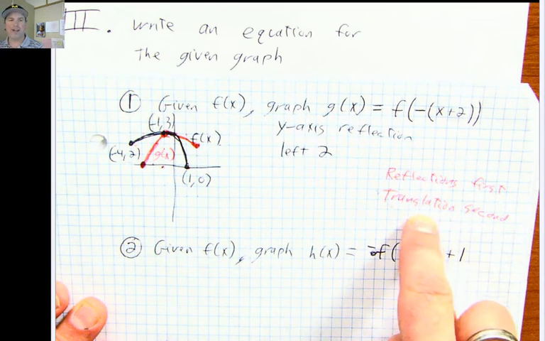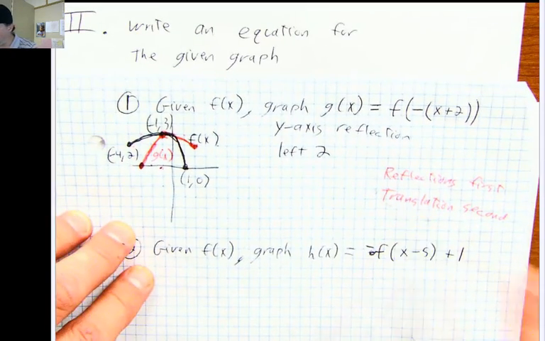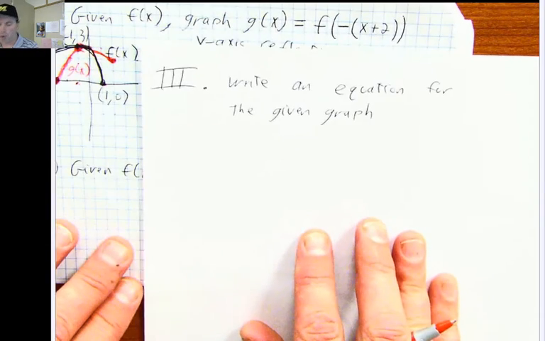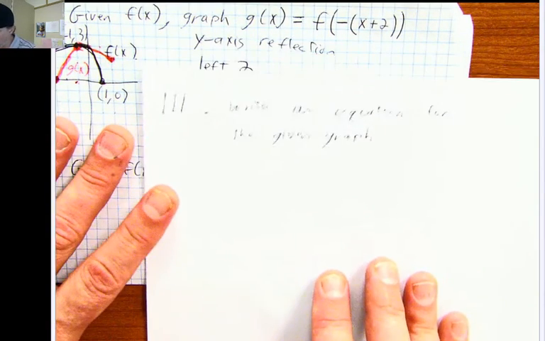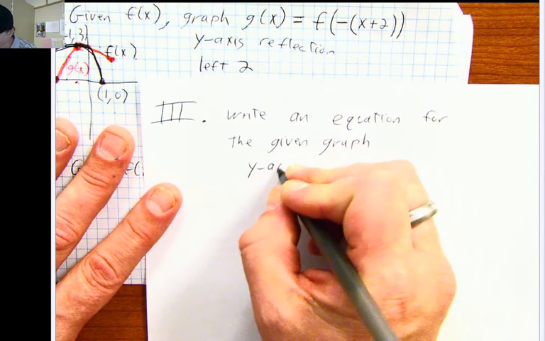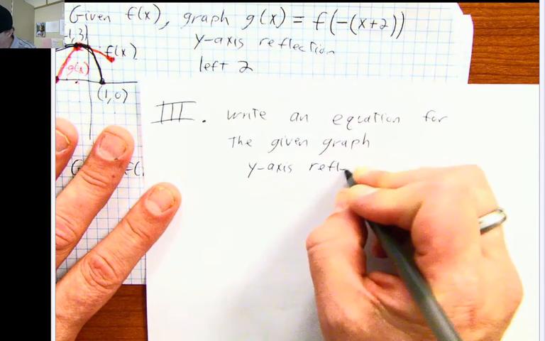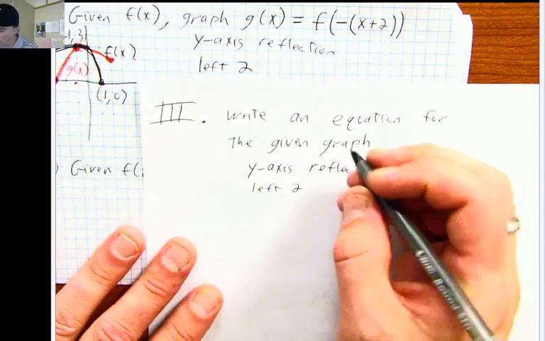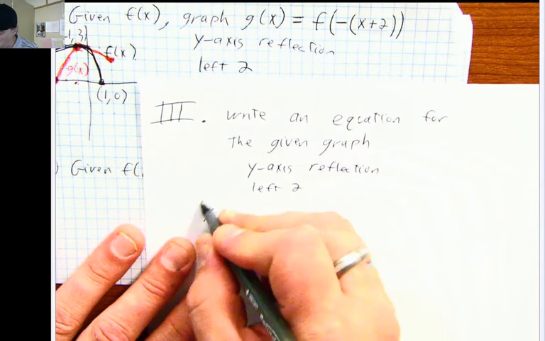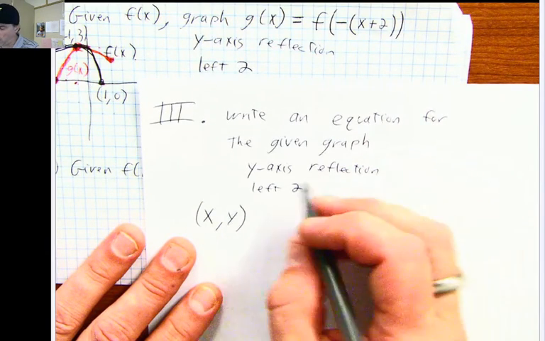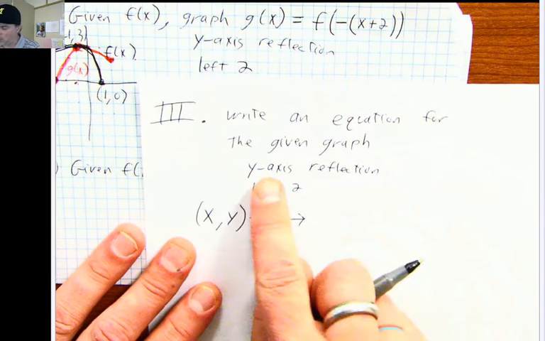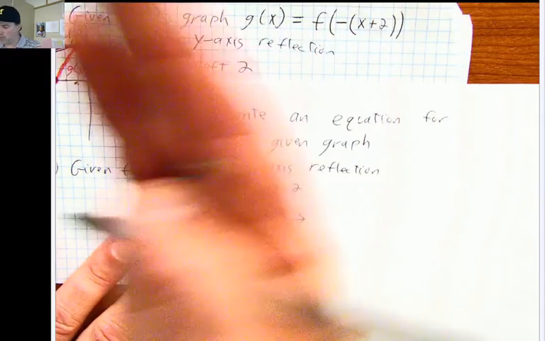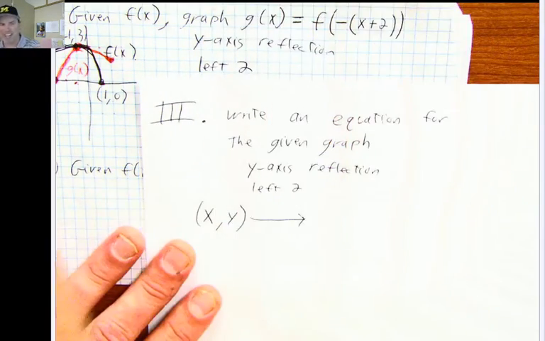Now, that's actually one reason I am on team non-graph paper, because I prefer doing these problems thinking about raw coordinates. Once again, I had this y-axis reflection, and I went left 2. If I think about what's happening with the xy coordinates, when I produce a y-axis reflection, it's flipping over the y-axis, and that's changing the x value.